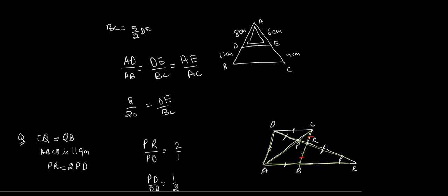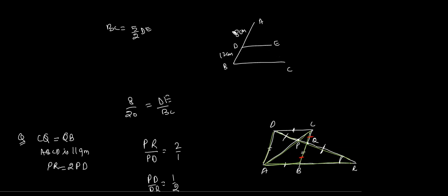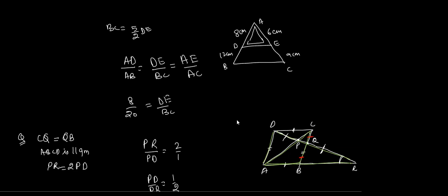Actually, I don't know the statement of this question. So if this is being given to you that BC is equals to, actually, we don't know the statement of this question.